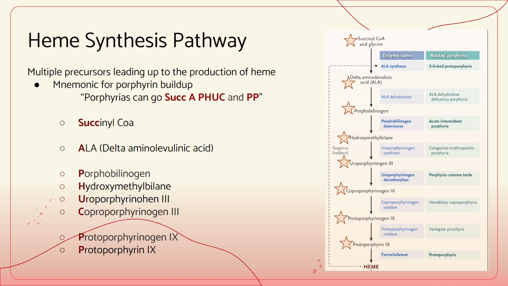That's the succinyl-CoA, the ALA, or delta-aminolevulinic acid, the porphobilinogen, the hydroxymethylbilane, the uroporphyrinogen III, the coproporphyrinogen III, protoporphyrinogen IX, protoporphyrin IX. These are the precursors, so this is where you're going to see your porphyrin build up in conjunction with the steps.